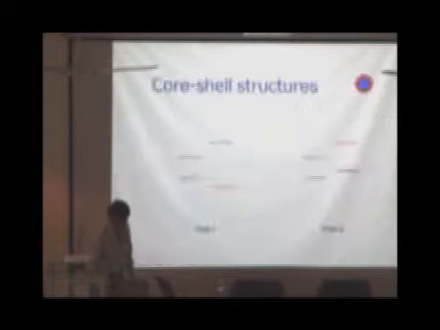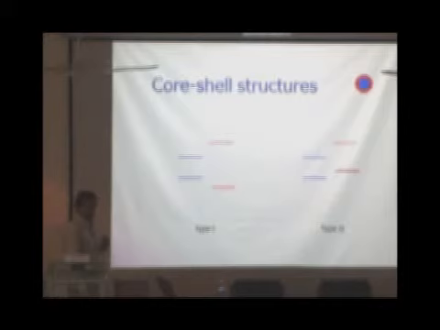Okay. The other very interesting thing is something called core shell structures. There are two different kinds of core shell structures. One is called type 1. So these are representative of the band gaps. Let's say this is the valence band and this is the conduction band of the core material, and that is for the shell material. Now if you have this kind of core shell structure, where the band gap of the shell is much higher than that of the core, you're confining both the electron and hole inside the core.